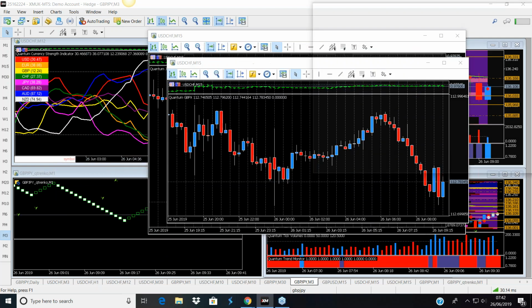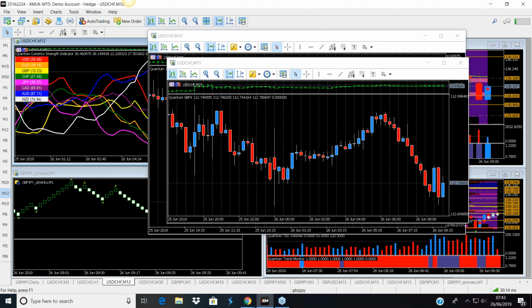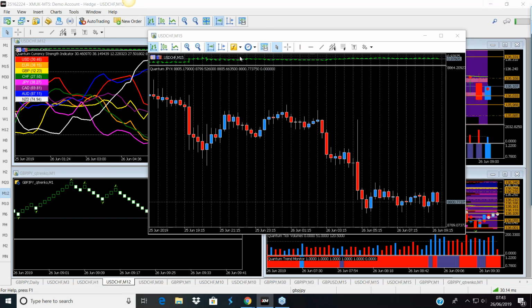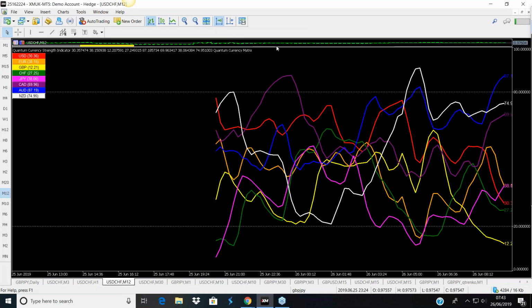Right, I'm just going to stop about that, because I just want to go very quickly, just before London opens, and see what's been going on. Going back to the specific Forex indicators that we have developed, what we've done is the currency strength indicator.